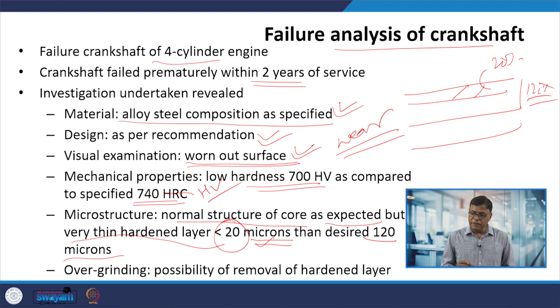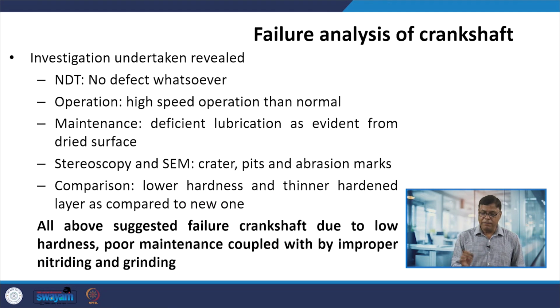The crankshafts after this modification were subjected to grinding, and it appears that over grinding was done, which was a possibility for removal of the hardened layer and resulted in a significantly reduced modified depth of the crankshaft. Okay. So, further investigation was done and it was found that there was no defect whatsoever that can be attributed as a reason.